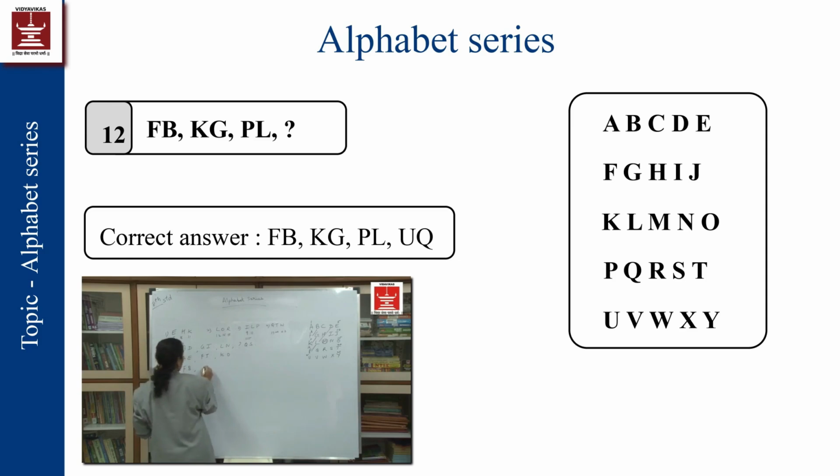Next is KG. Next is PL. That means my first alphabet is from the next coming group. I'm not writing BF. BF would be different. Maybe their difference is the same. But when I'm writing, their order also matters. Because in your answers, you may have UQ or you may have QU also.